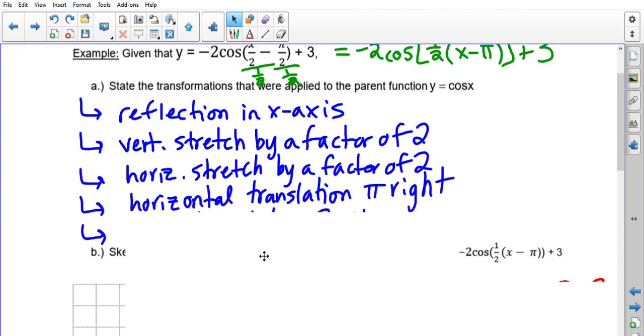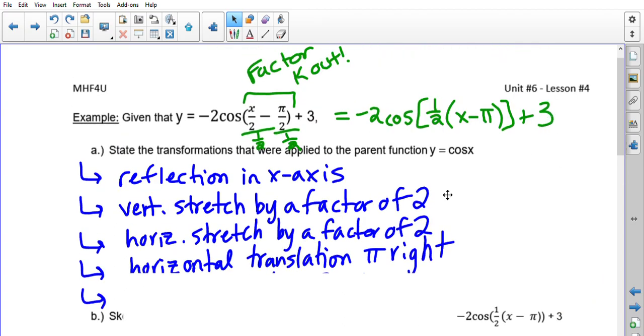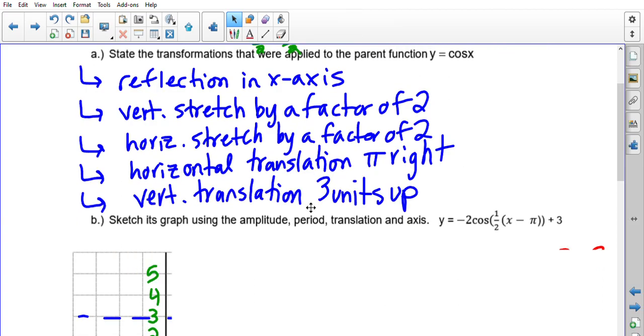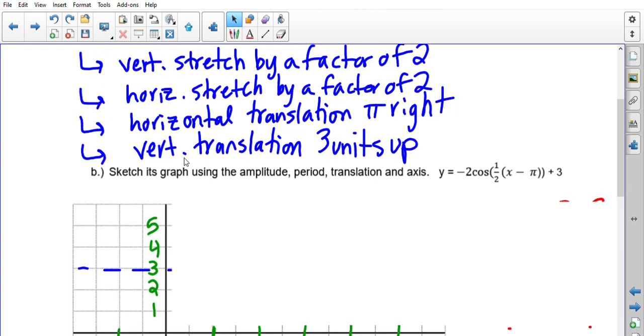D is pi, so horizontal translation pi right. And our c value is 3, so a vertical translation 3 units up. Like I said, now we are going to sketch the graph by using amplitude, period, translation, and axis.